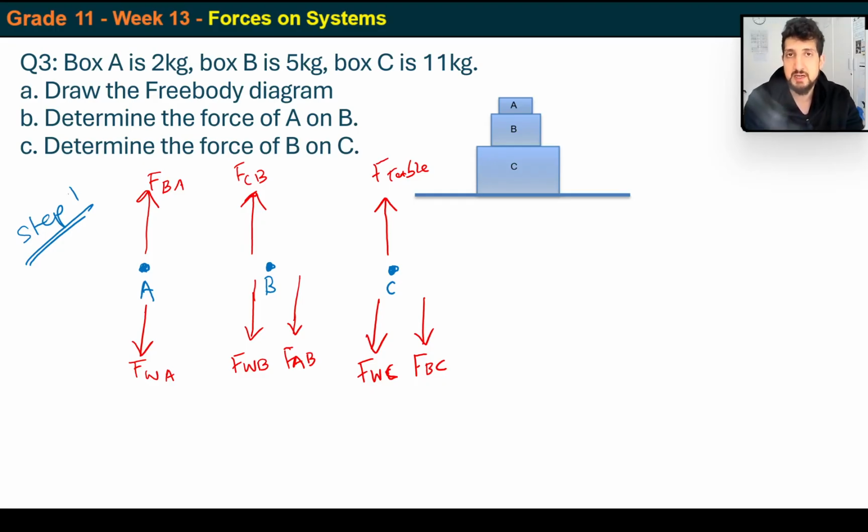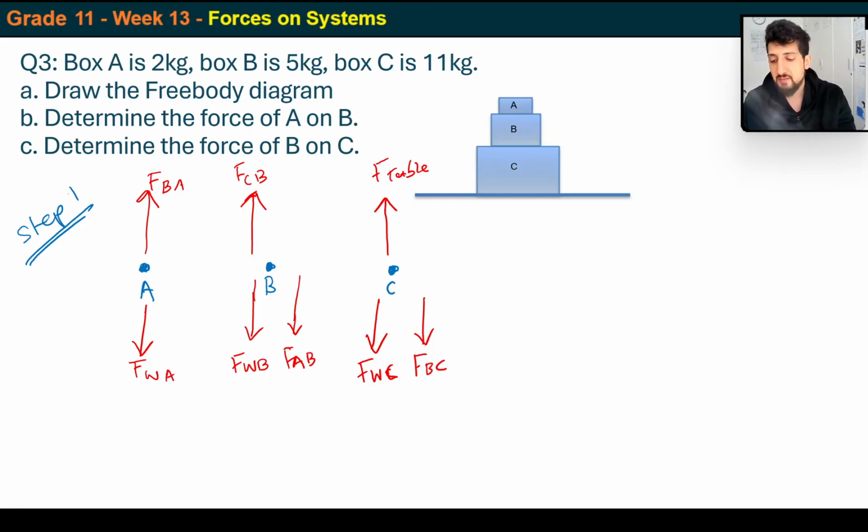Remember, it's about interactions. So the two boxes are touching each other. That means they're interacting with each other. What I've just said was box A has got a weight force acting down, and then box B is pushing back up. Whilst box B, because it's in the middle there, has its own weight. It's got the reaction force from C, but it also has this push down force from A, because A is on top of it.